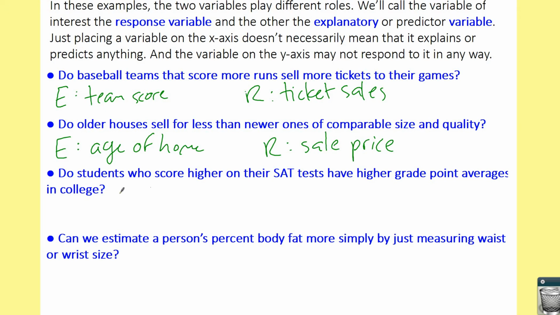So for the next one, sometimes just thinking about it as a timeline can help. You take your SATs first, so I would make the SAT score my explanatory variable, my x, and my response variable, I would make it my GPA in college.